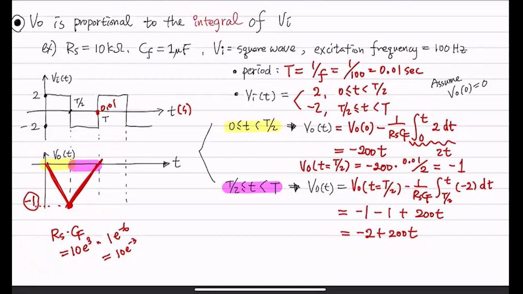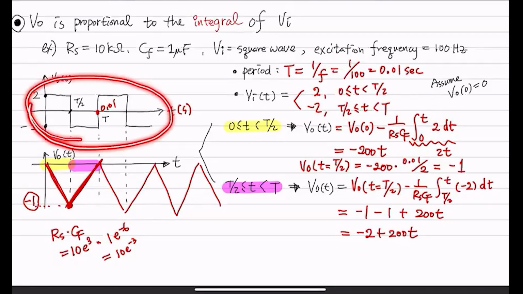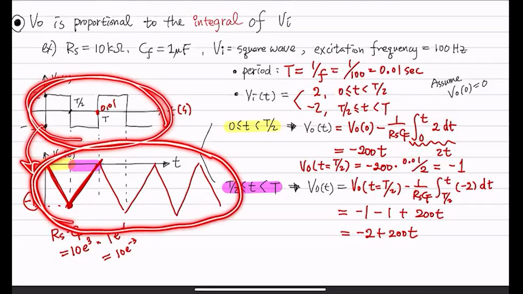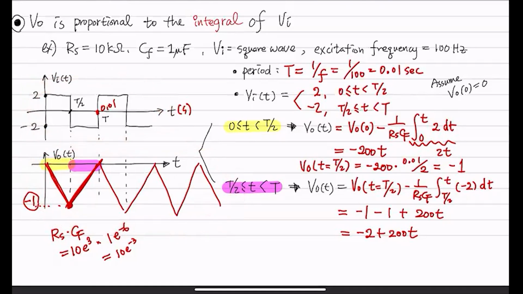And this is going to be repeated forever like that. So the important thing here is you have applied a square wave, but now what you're getting is a triangular wave or a sawtooth wave, right?